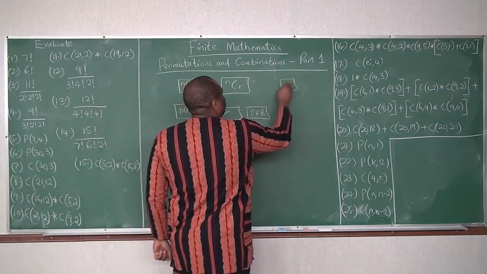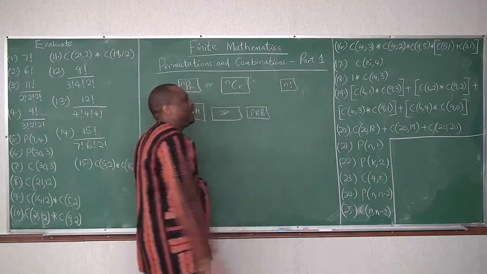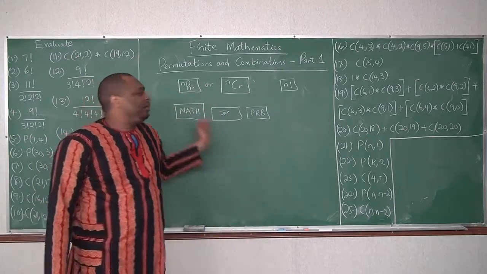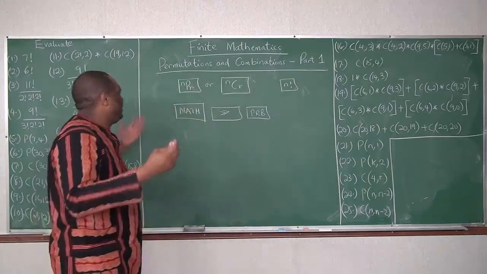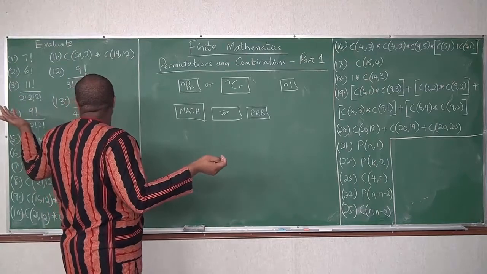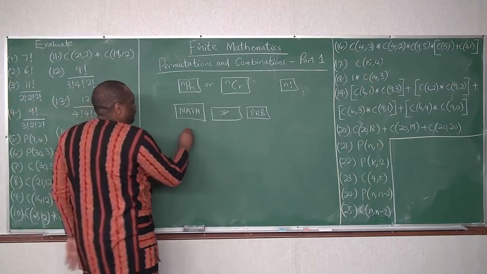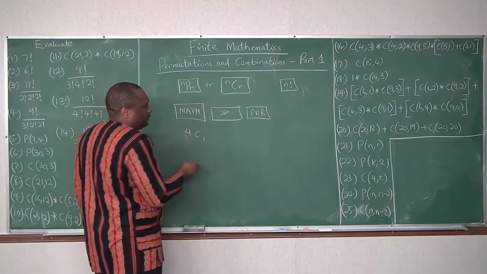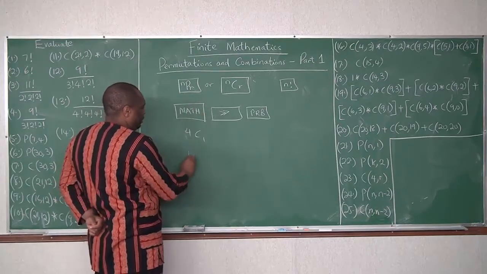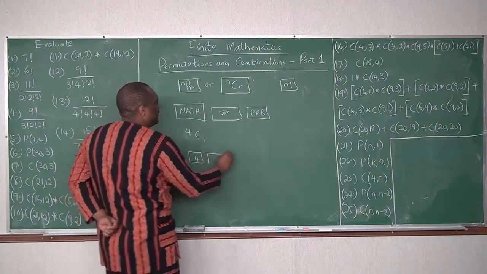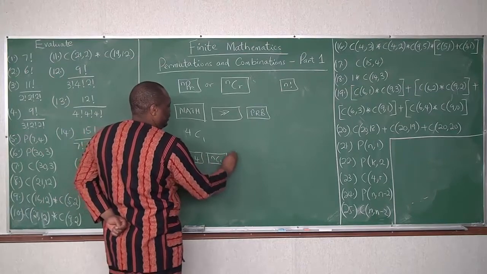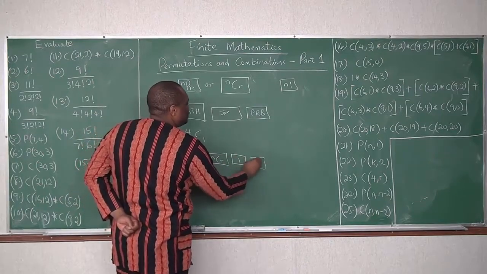You see factorials, then you see nPr, and you see nCr. And all you need to do, if you want to find something like 4 C 1, is press 4, press nCr, and then press 1, and it gives you the answer.